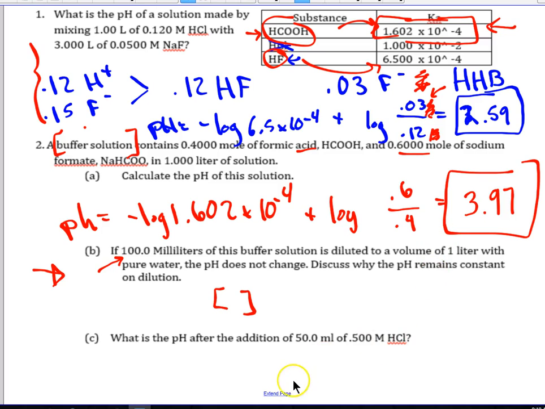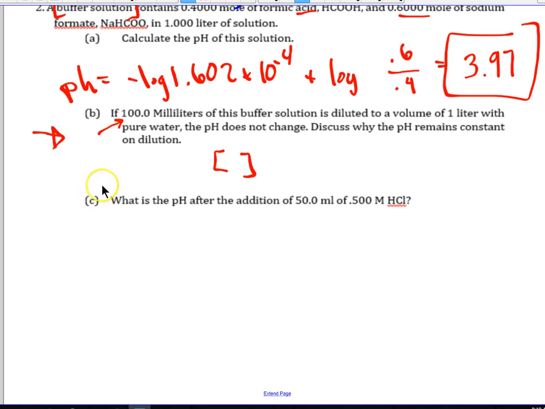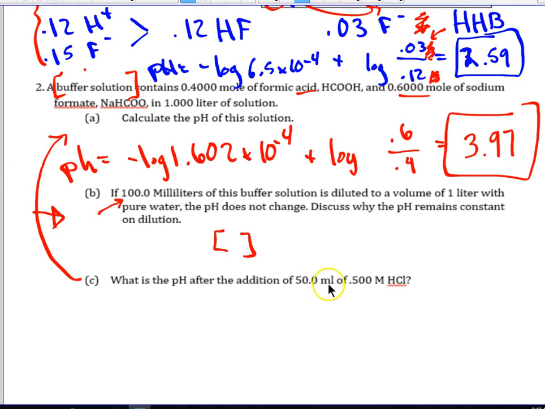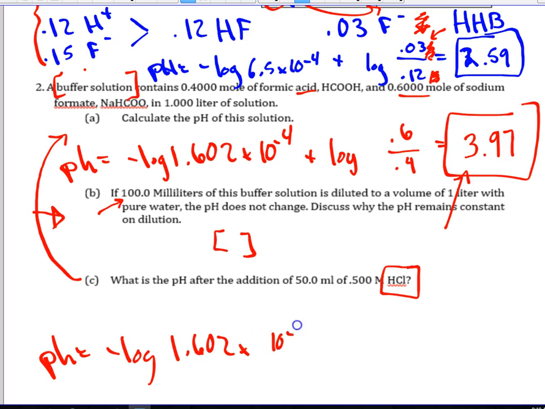Okay? All right, now, letter C, it refers back up to A. What is the pH after the addition of 50 milliliters of HCl? So we're going to take this buffered solution and we're adding acid. So it's still pH equals negative log of 1.602 times 10 to the negative 4 plus the log B. Well, we have to convert these to moles, right?